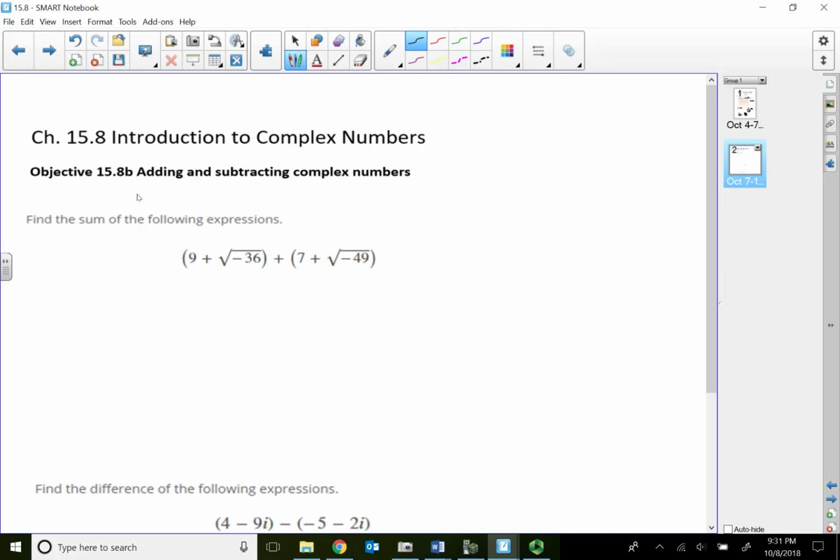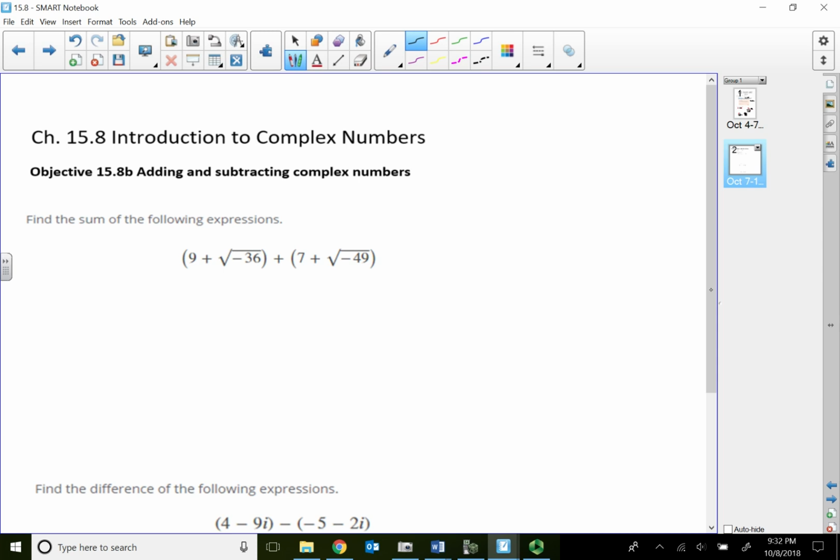Module 15.8. In this video, let's take a look at how we can add and subtract complex numbers. This is very similar to adding and subtracting radical expressions, except I'm involving some imaginary numbers.